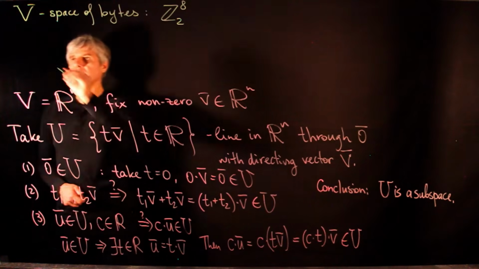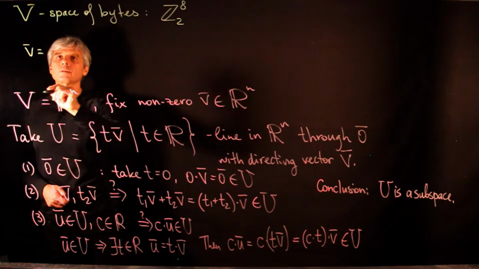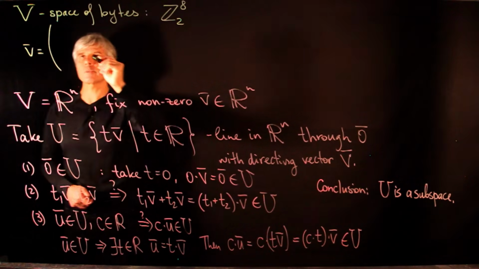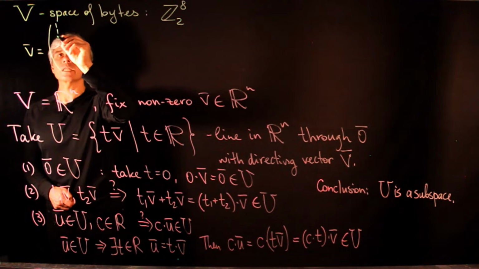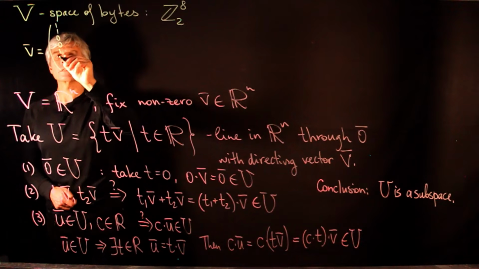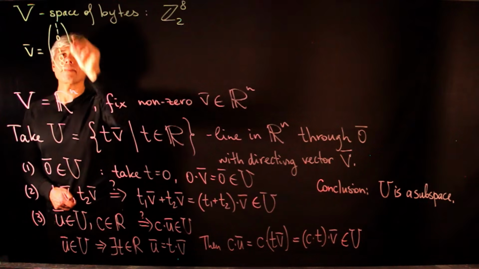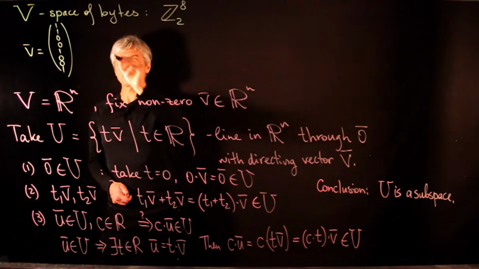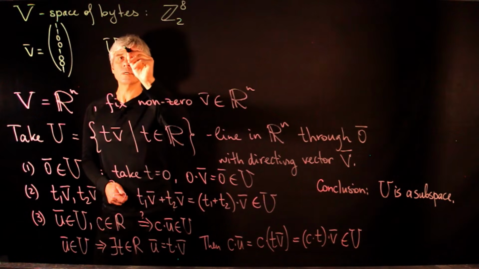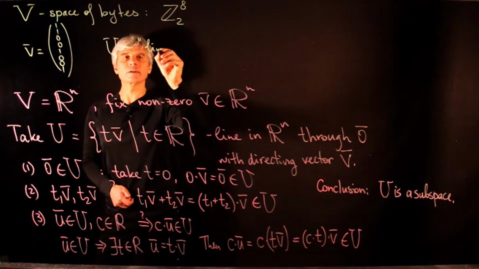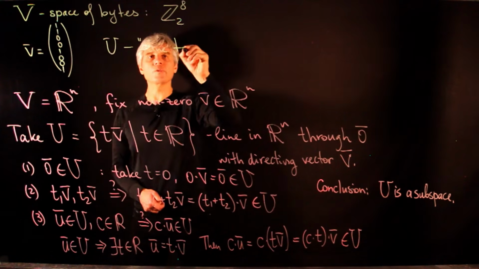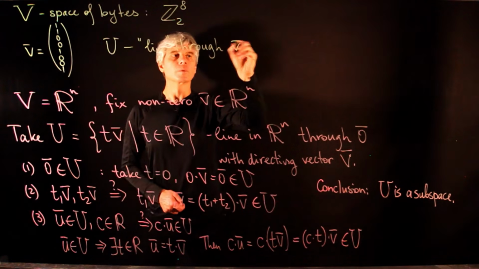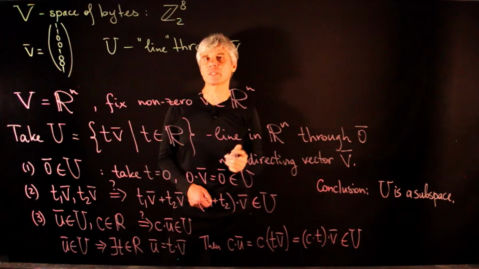And let's take V to be one particular non-zero vector from this space: 1, 1, 0, 0, 1, 0, 0, 1. Now, we want to take U to be a line through V, or a line with this directing vector.